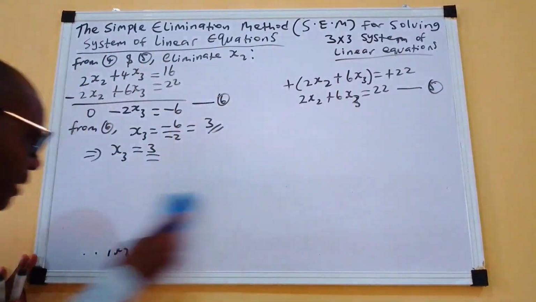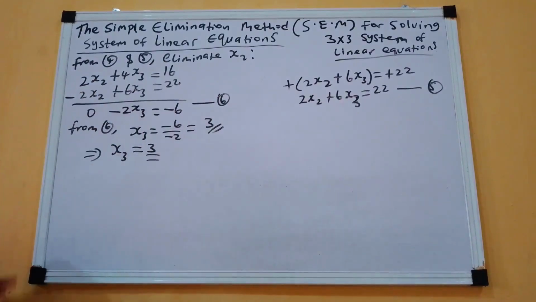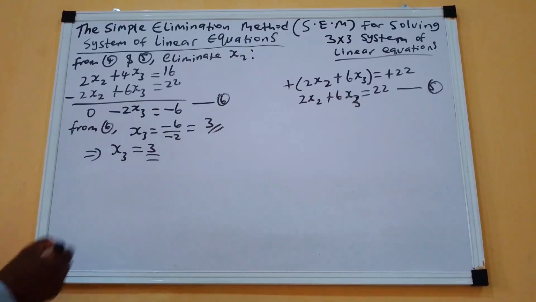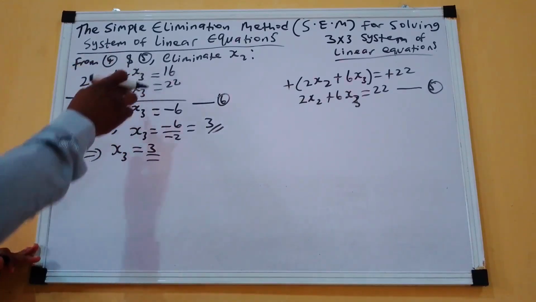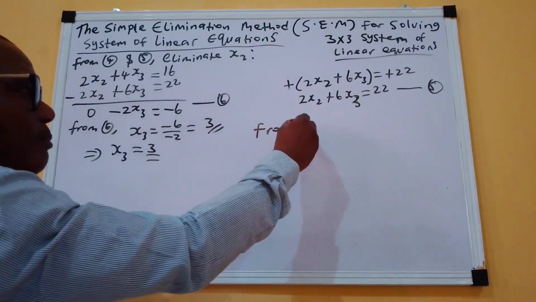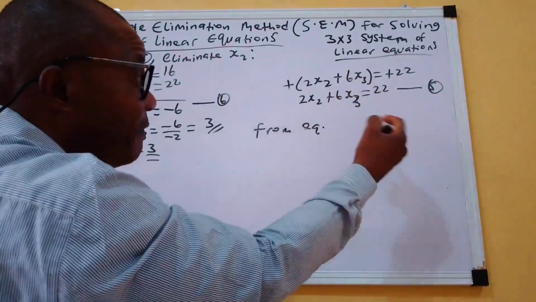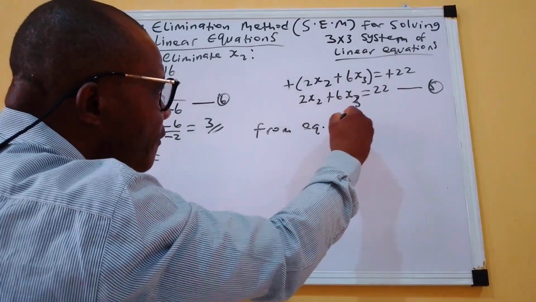So now that we have gotten to this level, it will be very easy to get our x2. From any of equations 4 and 5, maybe you can even use equation 5. Okay, let's use equation 4.